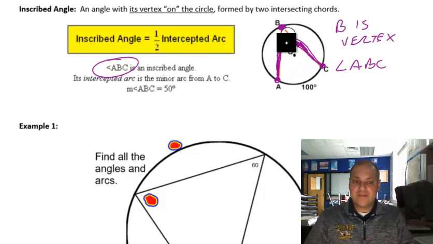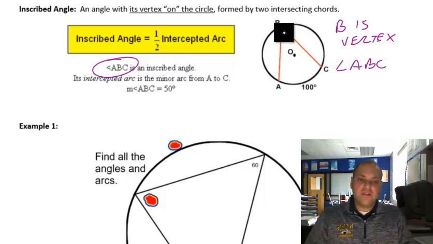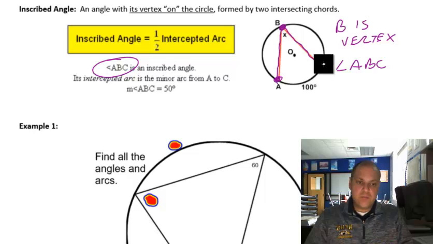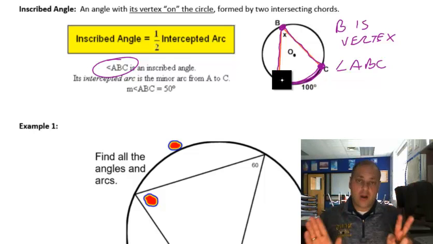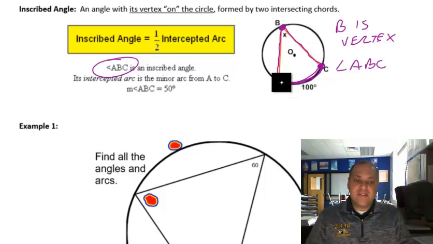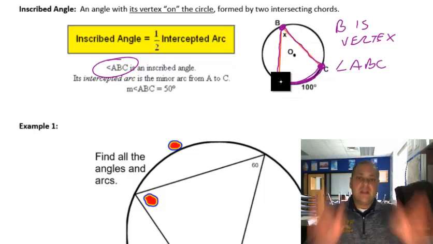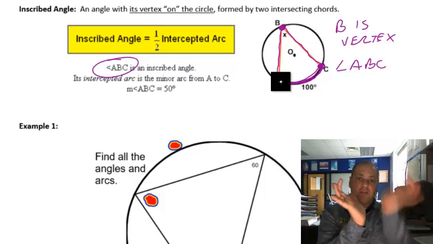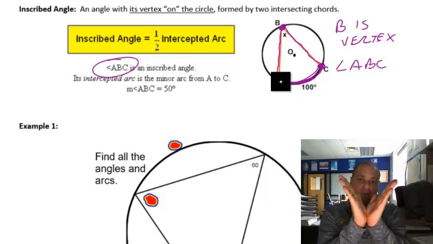They're calling it X. Now, because vertex B goes to A and it also goes to C, that makes AC the intercepted arc. AC is the intercepted arc. Whatever arc is right there, whatever arc's at your fingertips, that is the intercepted arc.